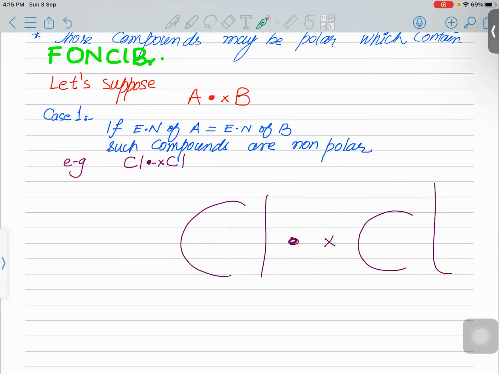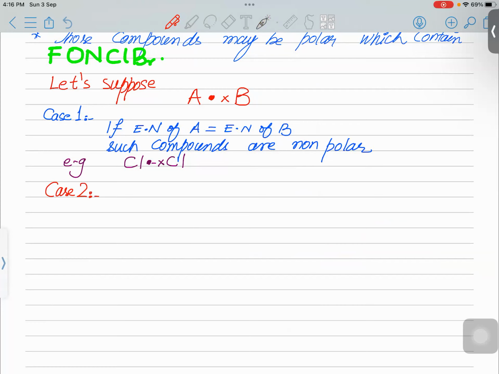So can you tell me the direction of the bond pair? It stays at the same position. That's why this compound is non-polar. Are you getting this point or not? Yes, sir.